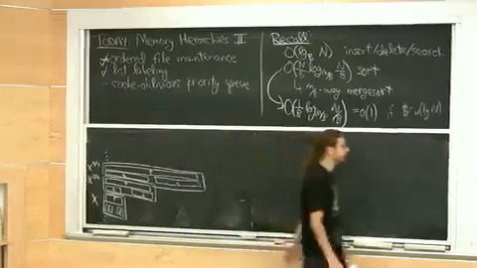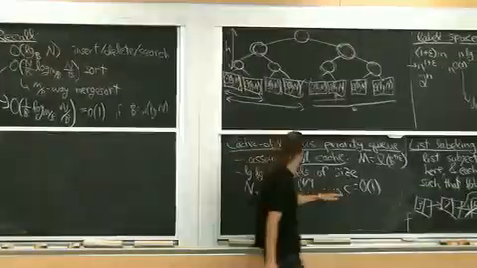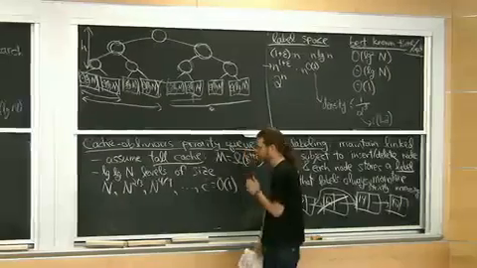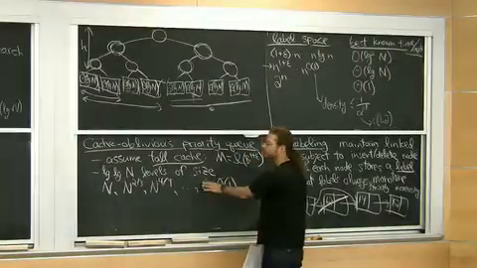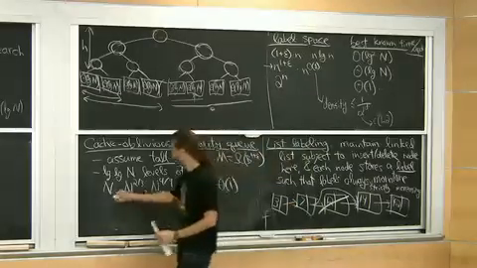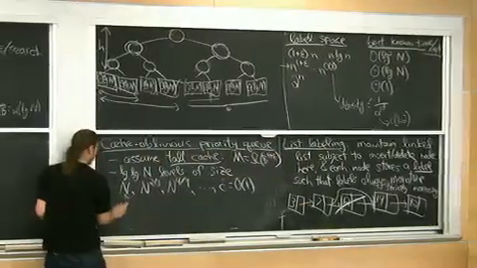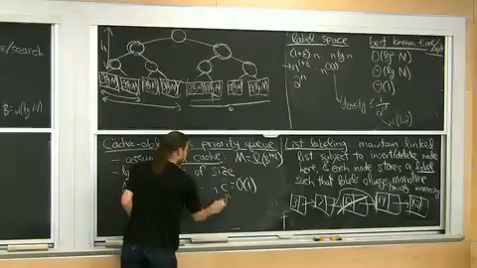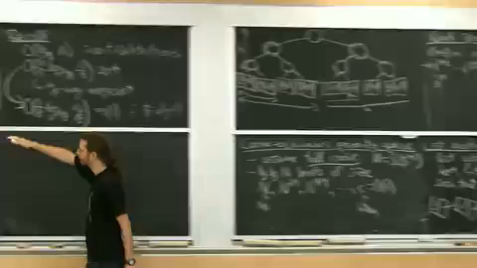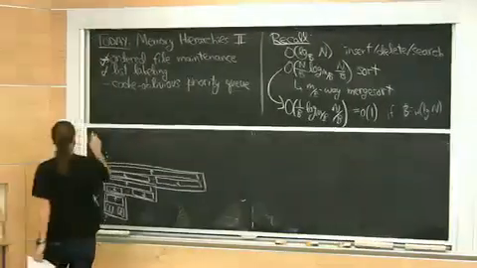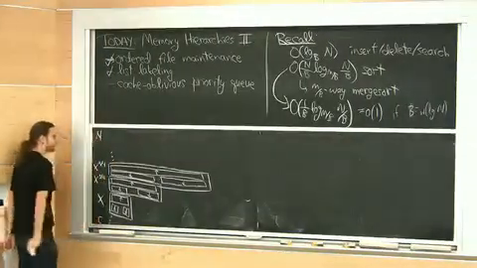Right? If you look at what's going on here, doubly exponential. It's supposed to be this. So this is the top level, and this is the bottom level. So at the top, we're going to have something of size n. And at the bottom, we're going to have something of size c, constant.